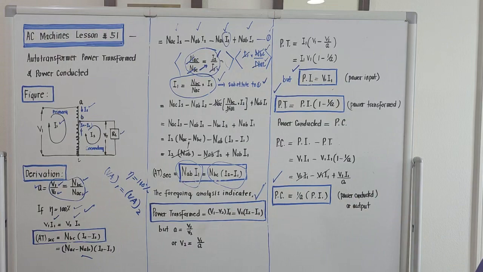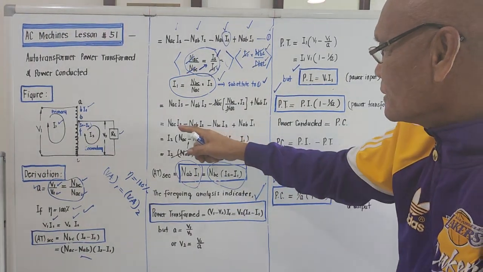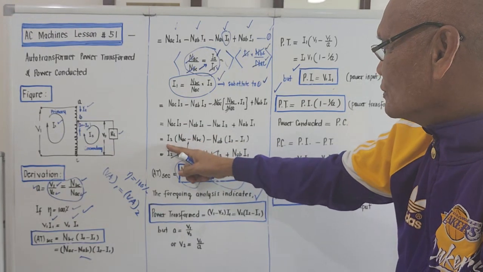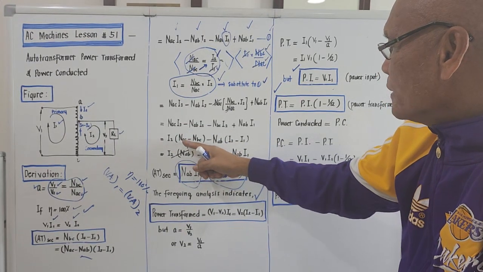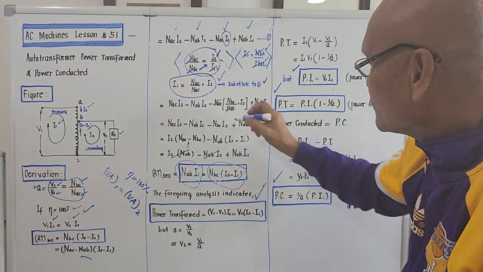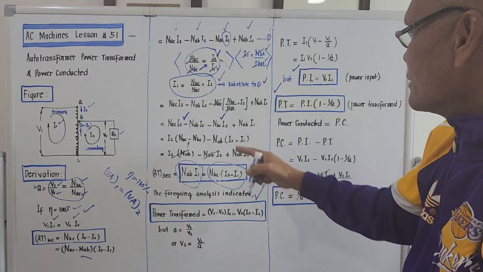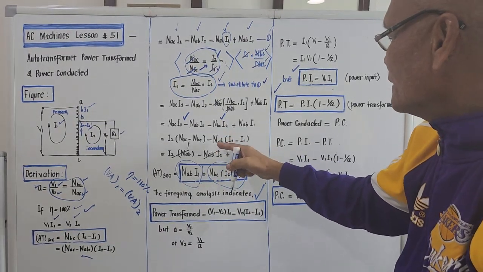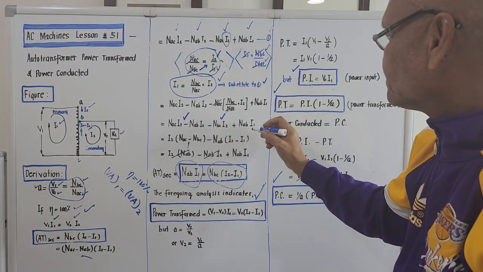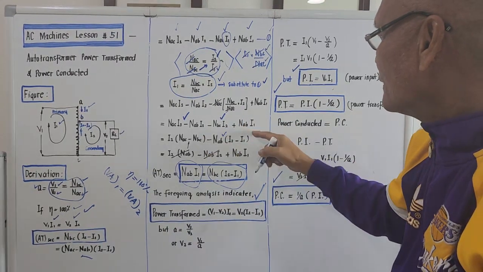Then I will combine the terms with I2. The first term will be NAC minus NBC, so we are done with this one. Minus NAB, common factor.